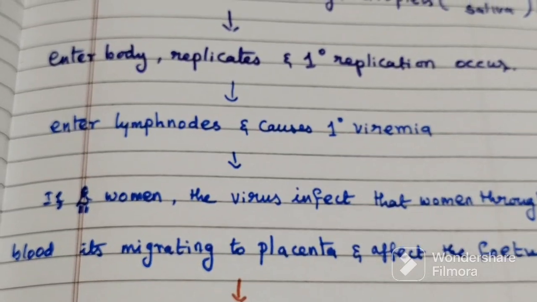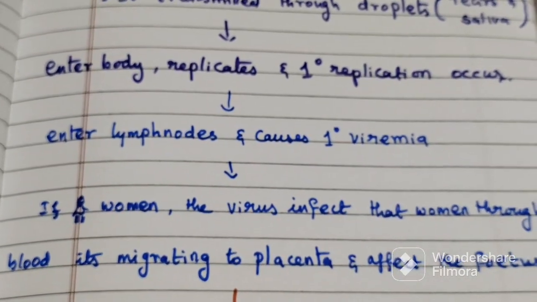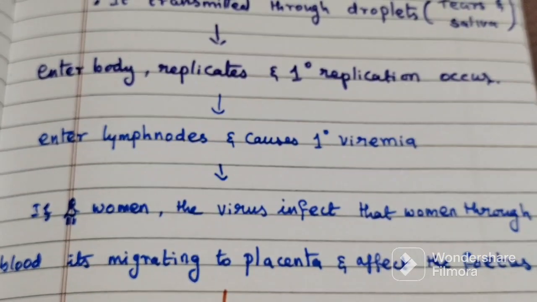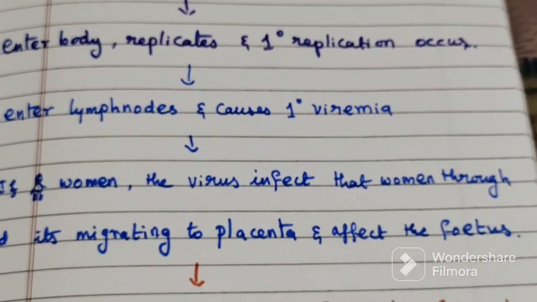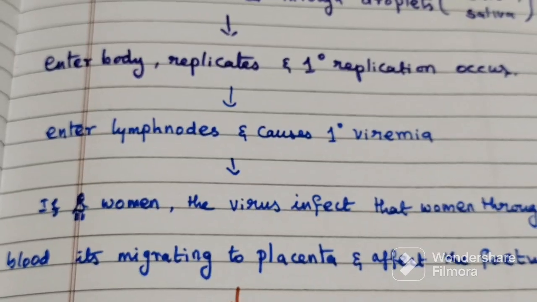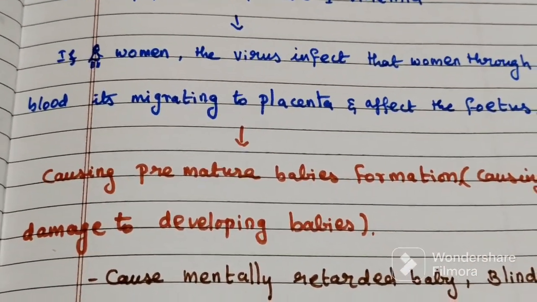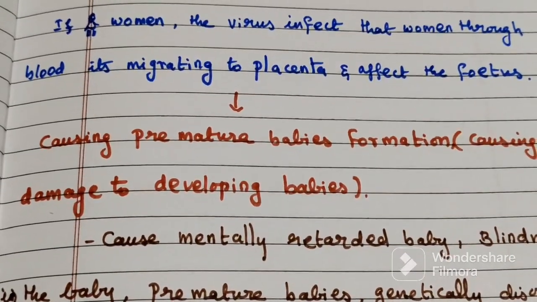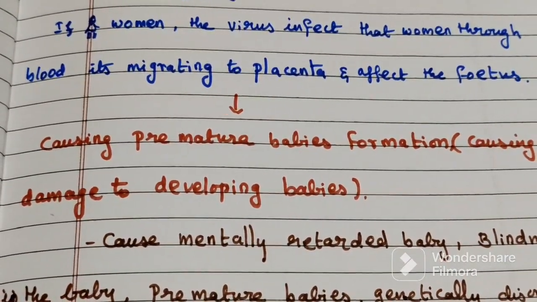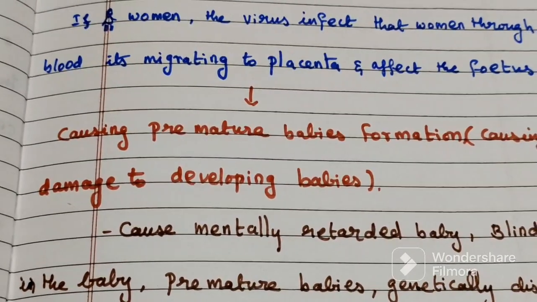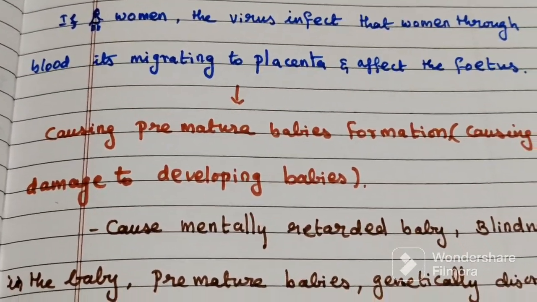It damages the developing baby, causing mental retardation, blindness in the baby, premature baby, or genetically disordered babies due to this cytomegalovirus infection.